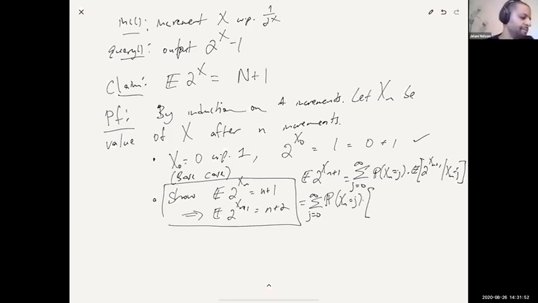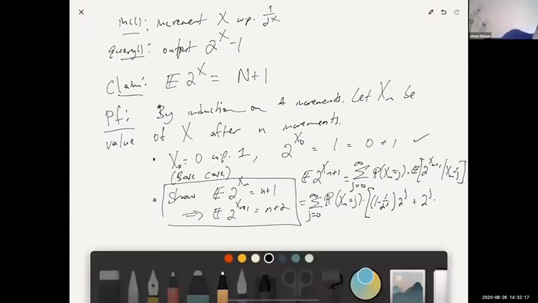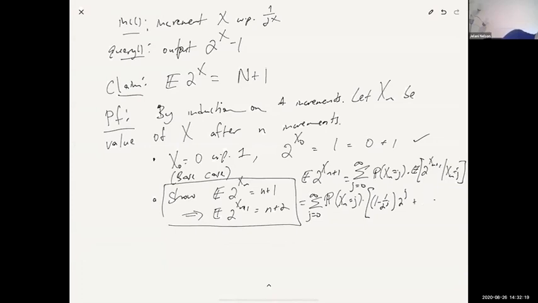Well, we know that with probability 1 over 2 to the j, we're going to increment, and with probability 1 minus 1 over 2 to the j, we won't increment. So with probability 1 minus 1 over 2 to the j, x will stay j. So then 2 to the xn plus 1 will just be 2 to the j still. And with probability 1 over 2 to the j, we will increment it, and then we'll get 2 to the j plus 1.